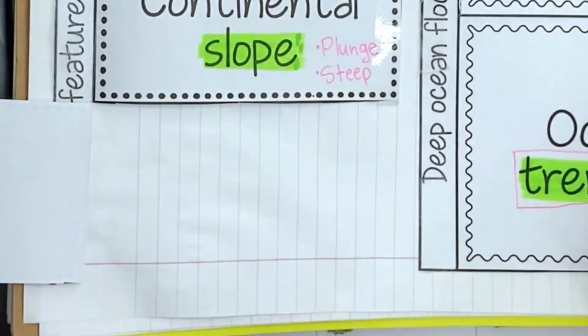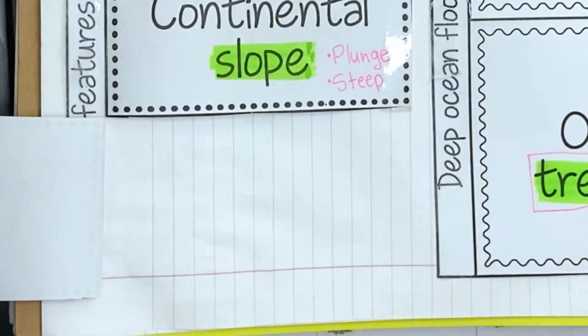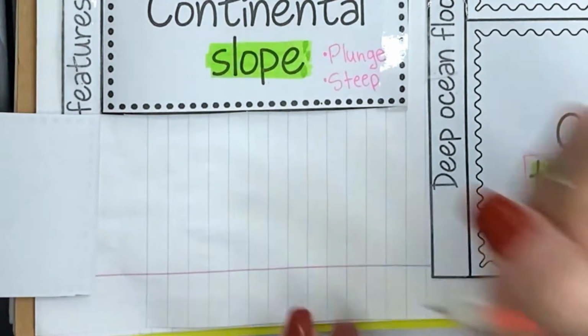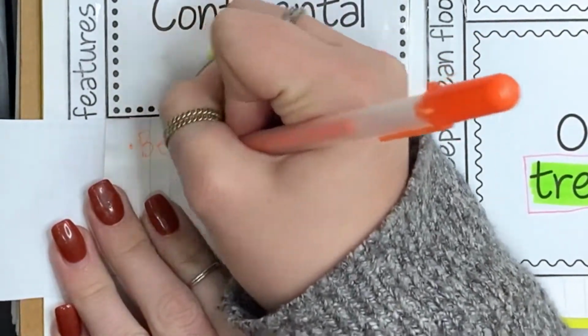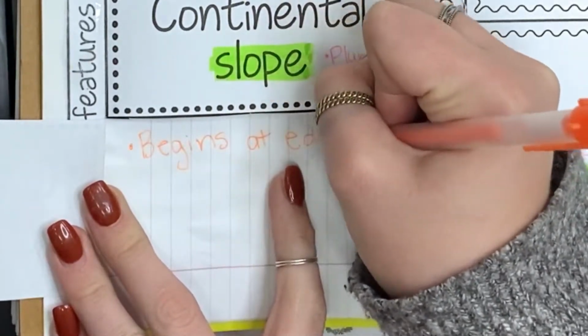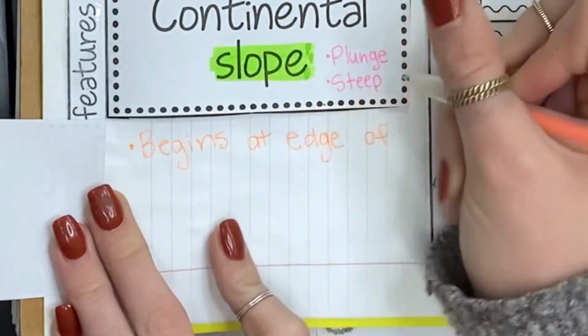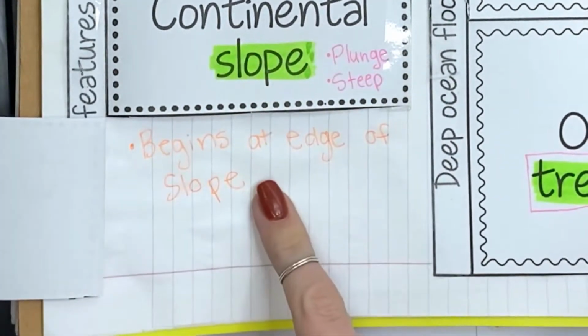The continental rise, let's see, where did my pen go? Here we go. It begins at the edge of the slope.